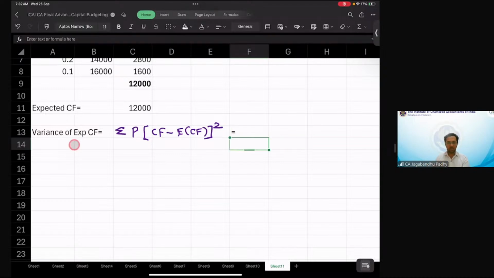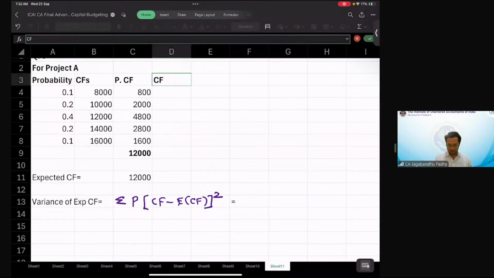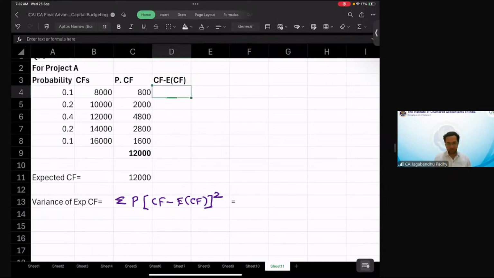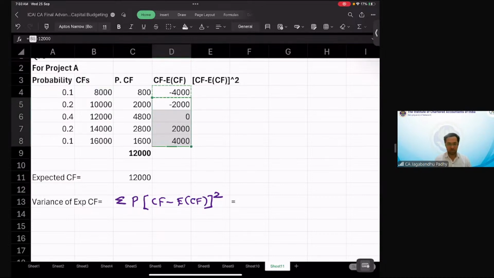So what we need is essentially cash flow minus expected cash flow as one of the columns. And then we say cash flow minus expected cash flow square. Let's first do the subtraction, which is cash flow minus 12,000.